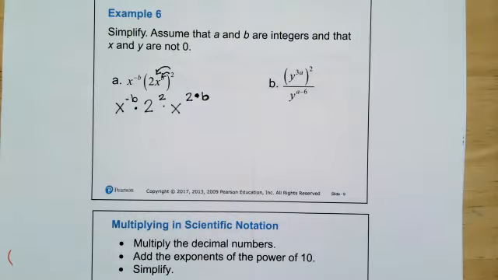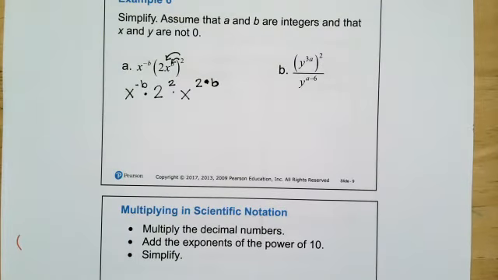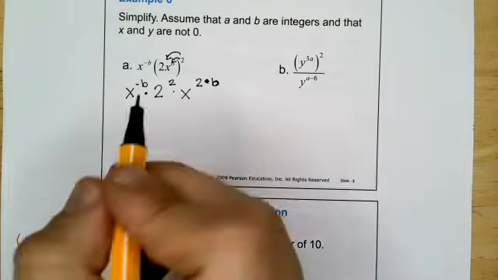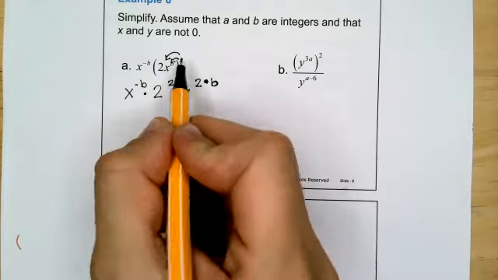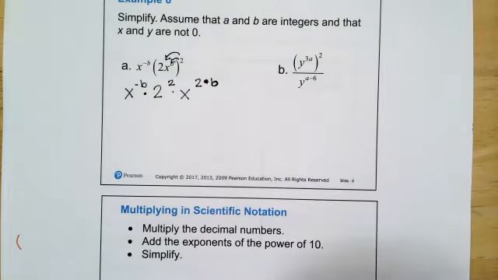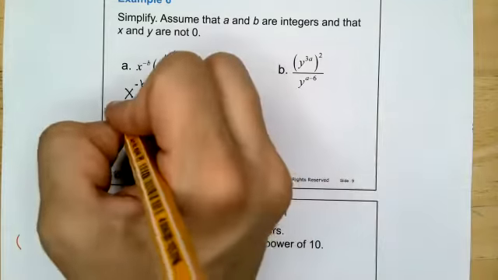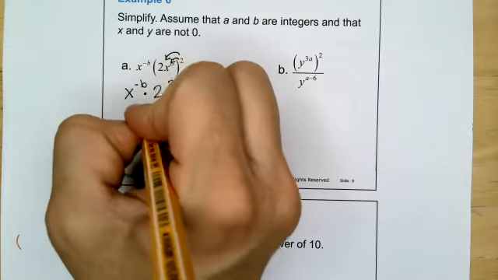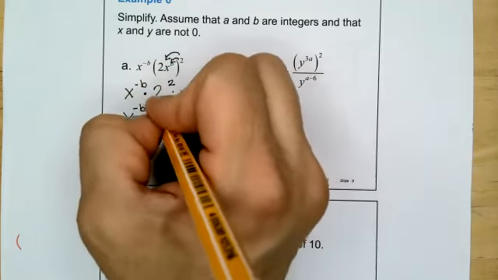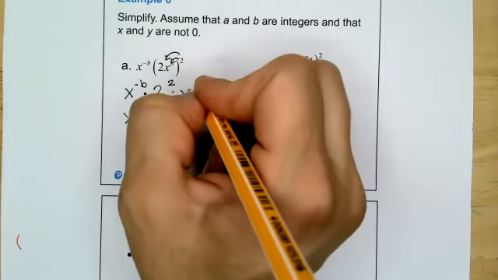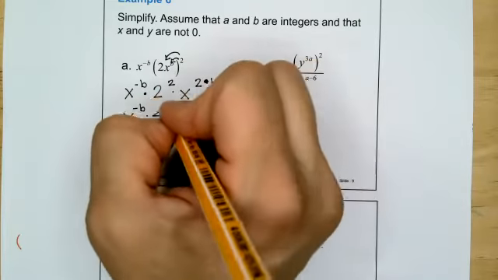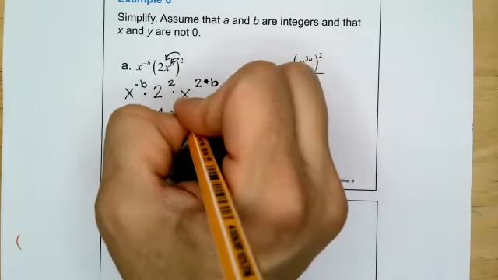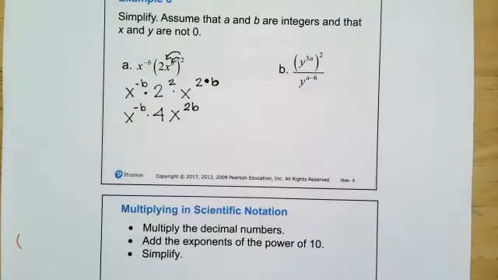It would be plus if it was x to the b times x to the squared, but it's x to the b raised to the power of 2. So that becomes x to the negative b times 4, and then x to the power of 2 times b is just x to the 2b.